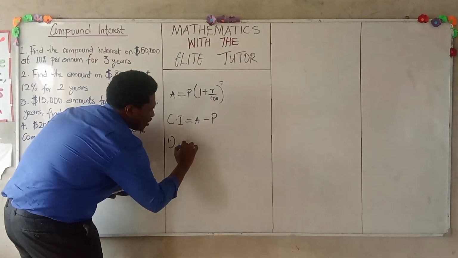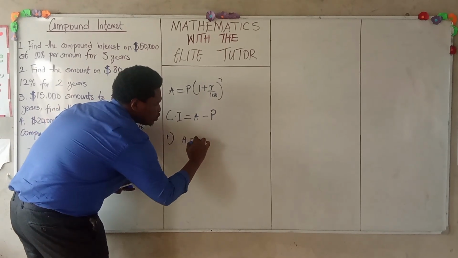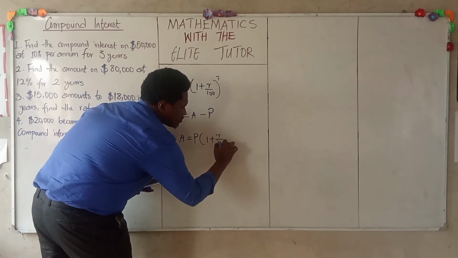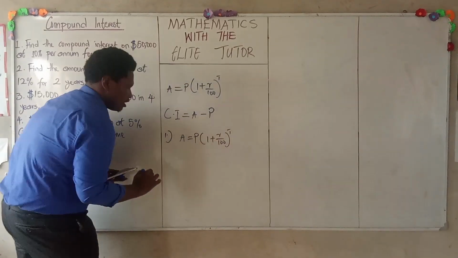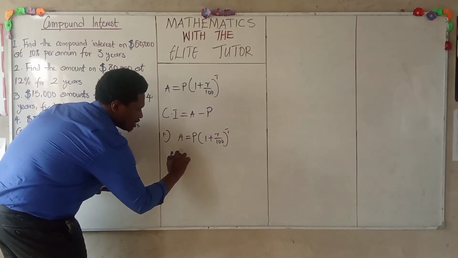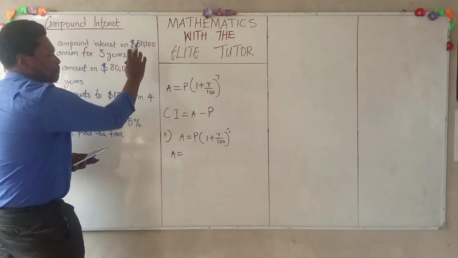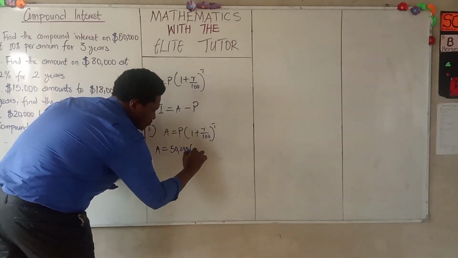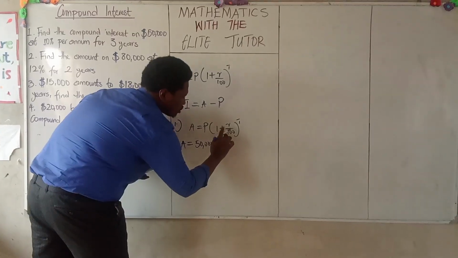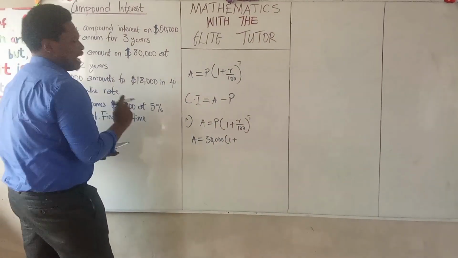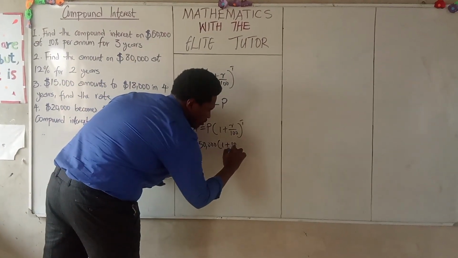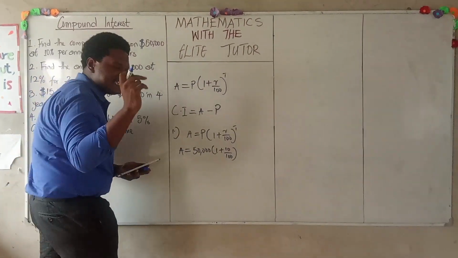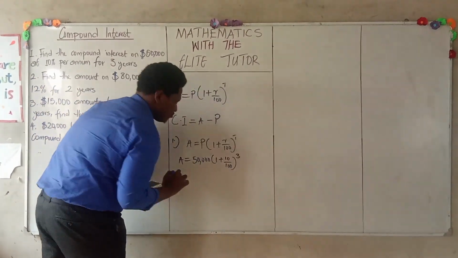The formula for amount is A equals P, bracket 1 plus R over 100, raised to power T. Now we have that A is equal to the principal, which is $50,000, into 1 plus our rate, 10%, 10 over 100, raised to power T. Our T is 3 years, which is 3.